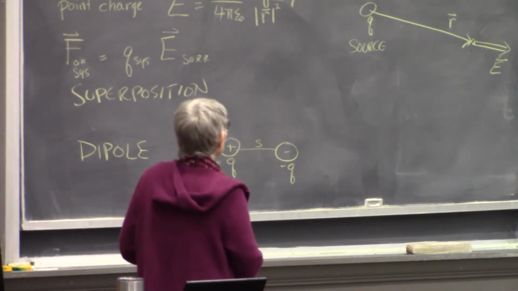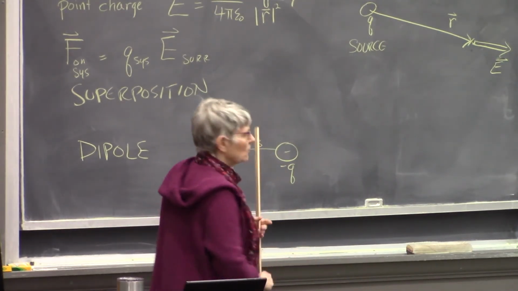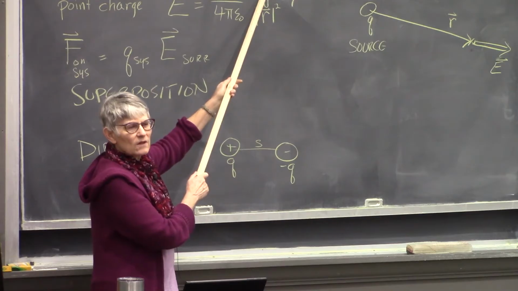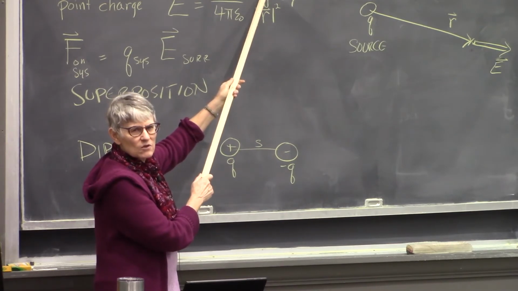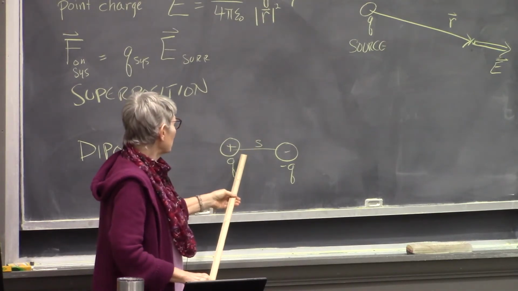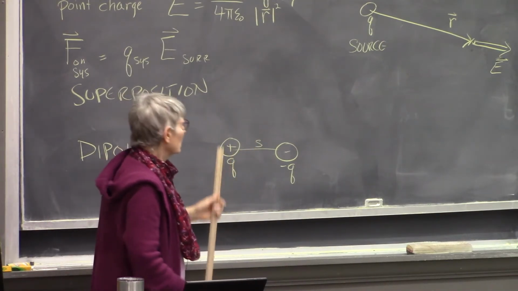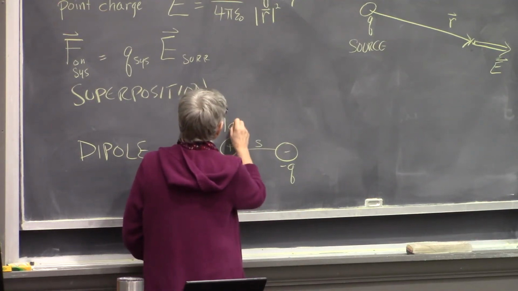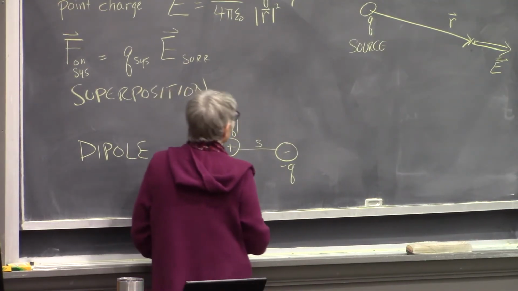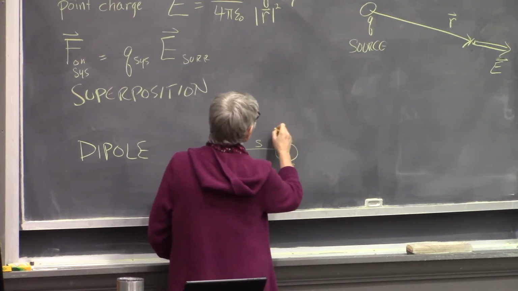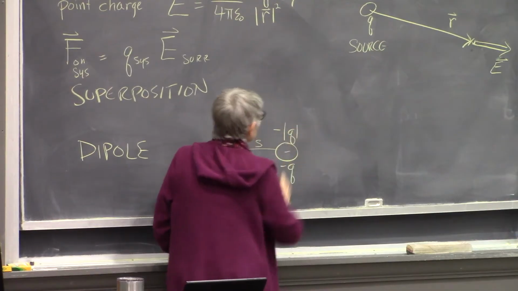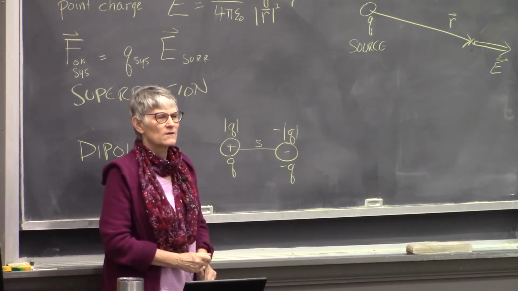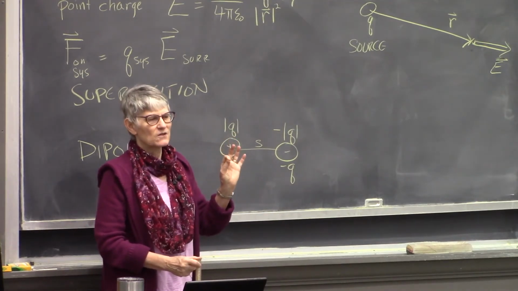And this is a slightly tricky notational thing. In this equation, Q can be either positive or negative. When we're talking about a dipole, if we wanted to use exactly the same notation, probably what we'd have to do is say the charge of that particle was the absolute value of Q, and the charge of this particle was minus the absolute value of Q, to be utterly notationally consistent.